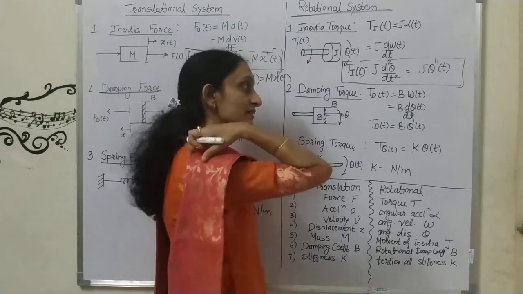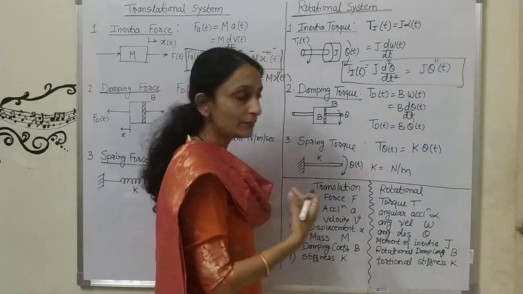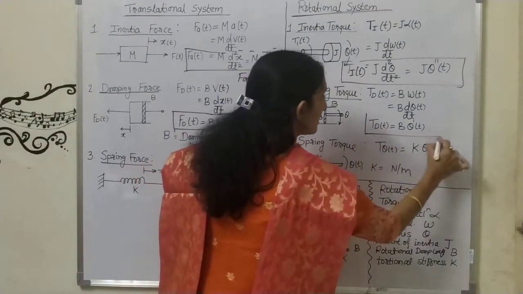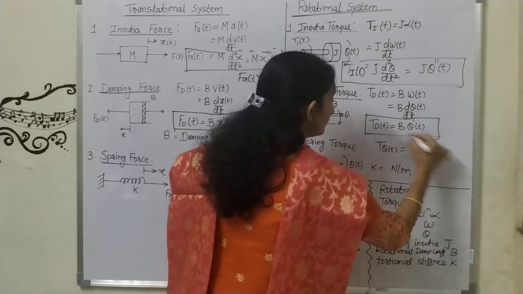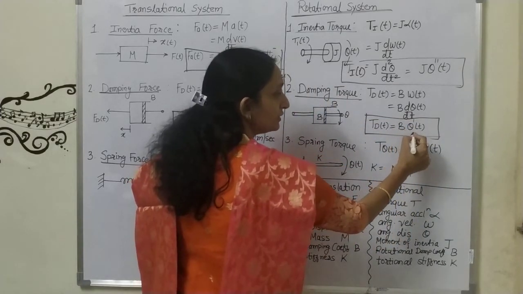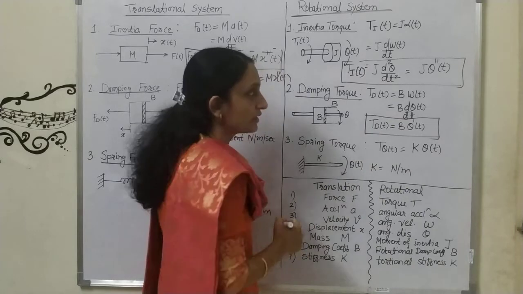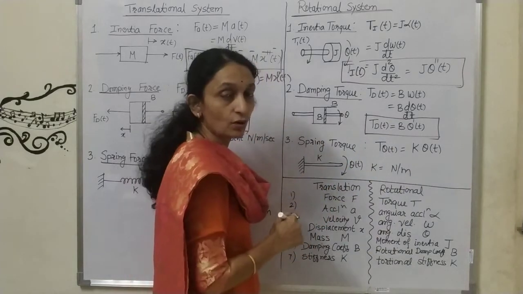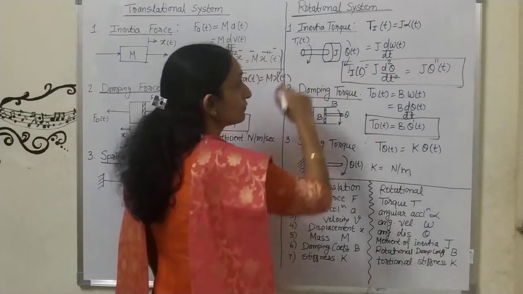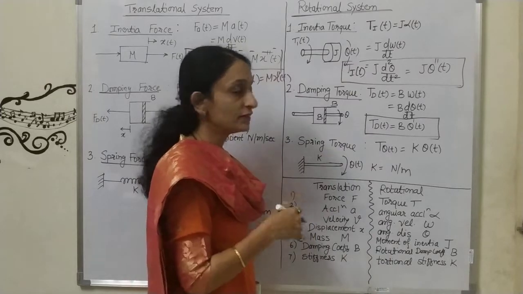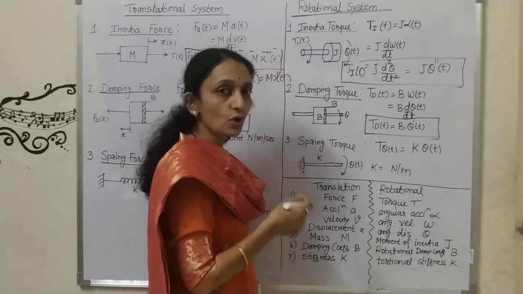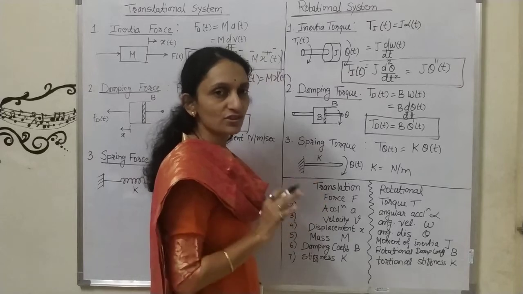So we can rewrite this omega t as d theta by dt. So the second force Td of t is equal to B into theta dash of t. So this will be our second force or second torque in terms of rotational system. Okay, now we will say this force as a torque because we are discussing the rotational system.